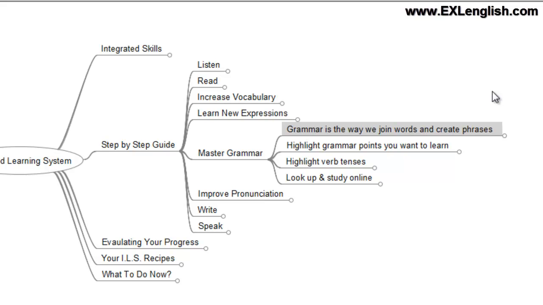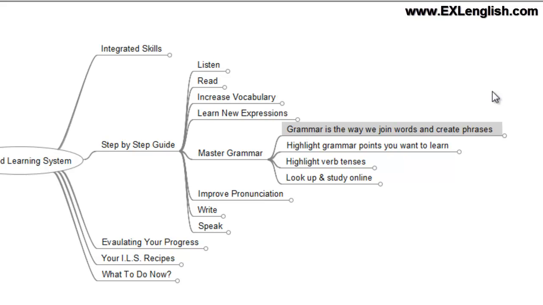So what's really neat about the integrated learning system is that you're going to learn grammar within the context of the text that you're studying and the audio that you're listening to. When you were a child, how did you learn to speak your mother tongue? Did you study grammar first and then learn how to speak?